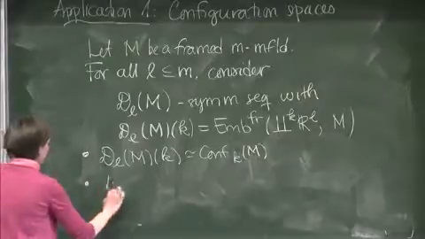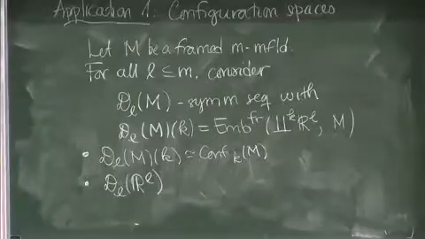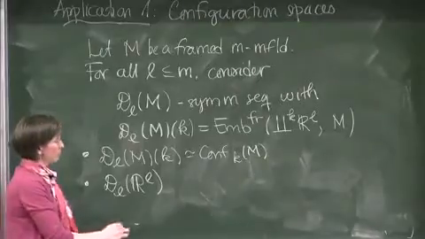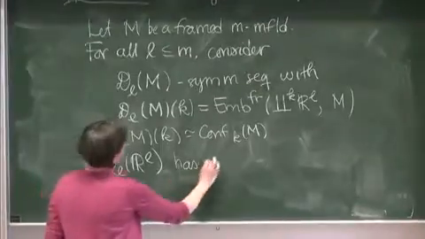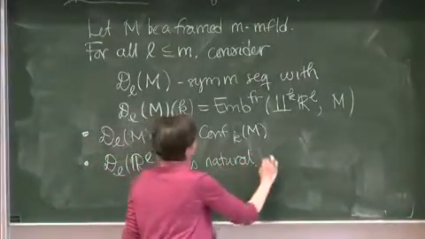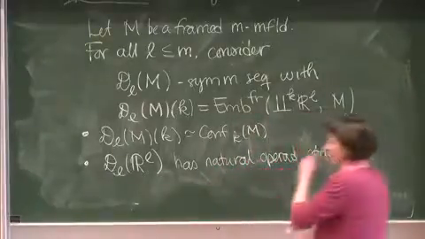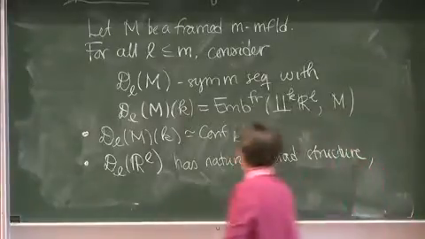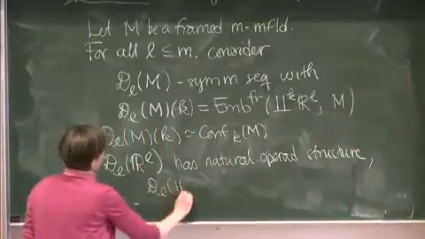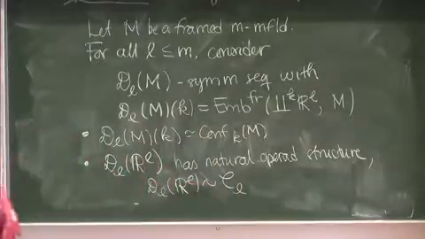On the other hand, if you look at D_L of R^L, they have the same dimensions here. So in this case, this thing actually turns out to be an operad. So it has a natural operad structure, and in fact is weakly equivalent to the little L cubes operad.